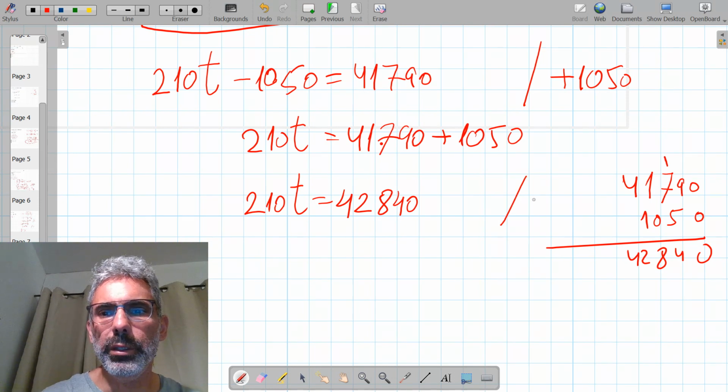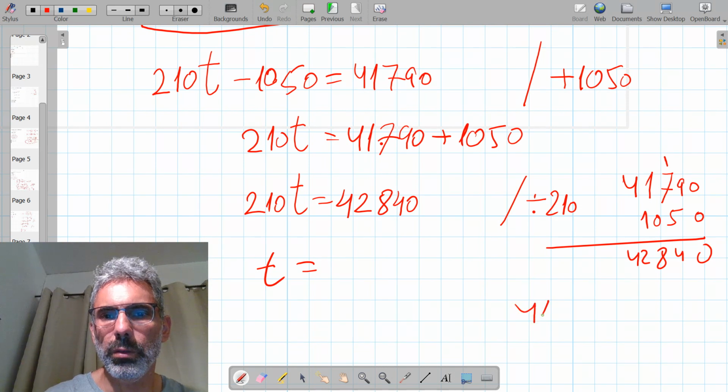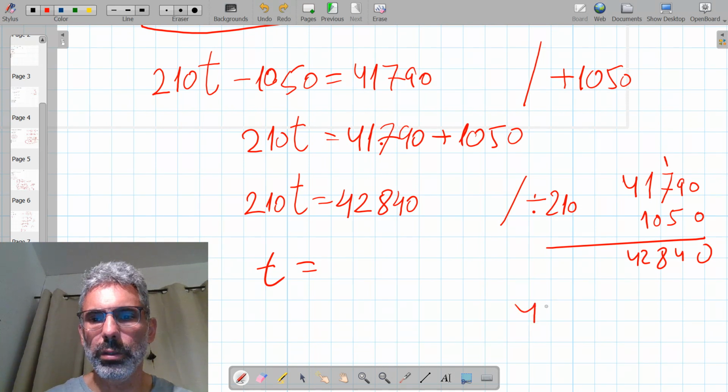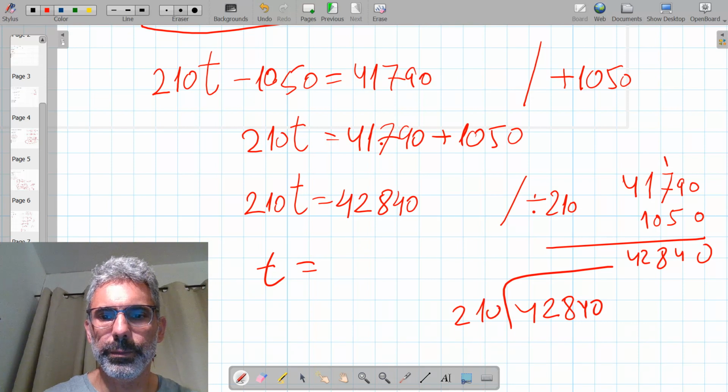Now, to isolate the T, we need to divide both sides of the equation by 210. So T equals 42,840 divided by 210.